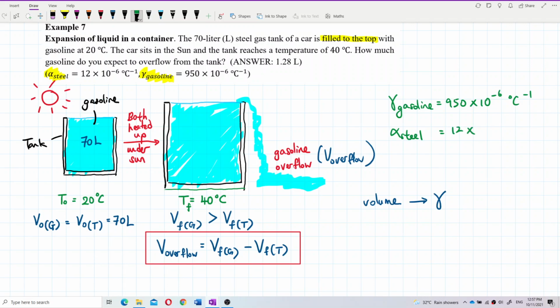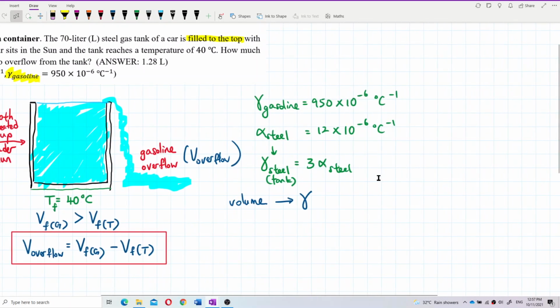So you cannot put alpha, you must put gamma. You must get the gamma for steel first. Do it step by step. Gamma for steel is 3 alpha. This gamma is for the tank.